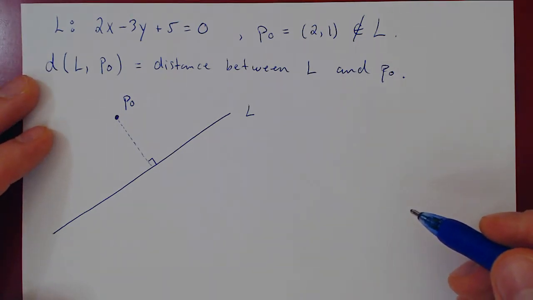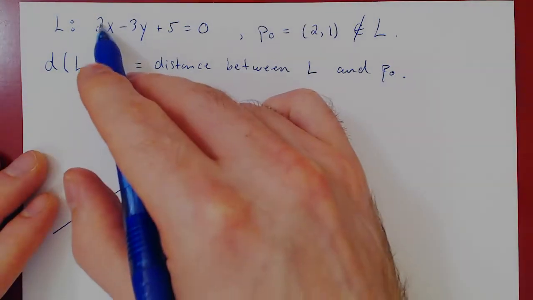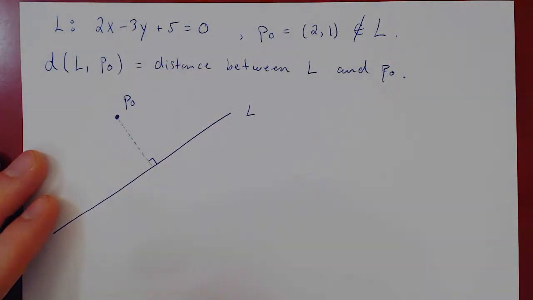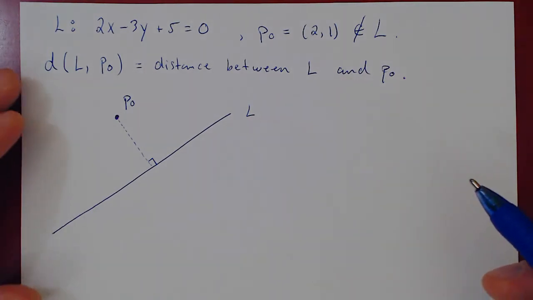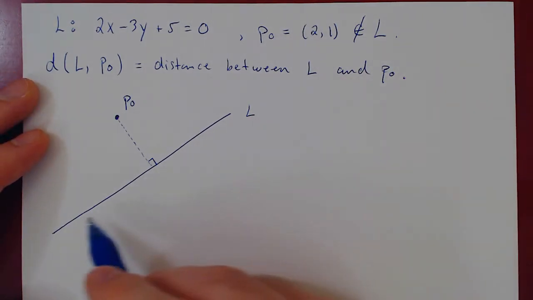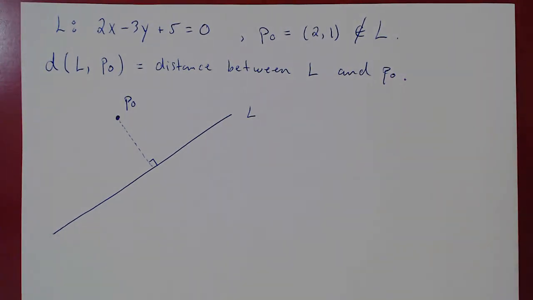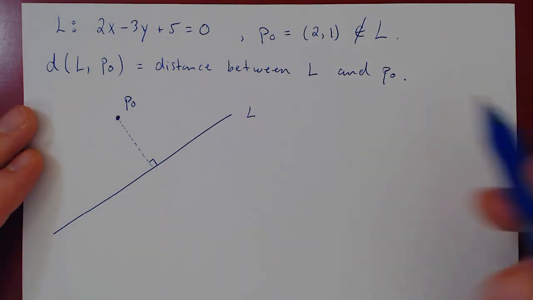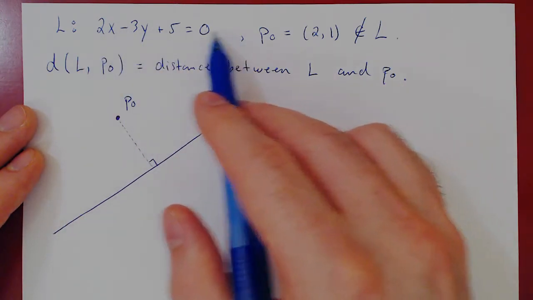The idea now is, how can we use our previous result, the fact that the vector here, (2, negative 3), is normal to the line, and our idea of orthogonal projections. All we need is one point on the line. And what's kind of neat is you can take any point on the line and it won't matter. You'll still get the exact same answer in the end for the distance. So let's try and find a solution to this equation.